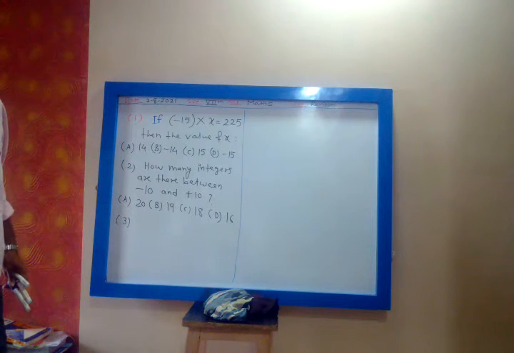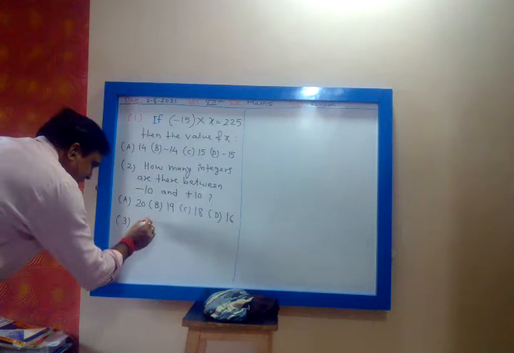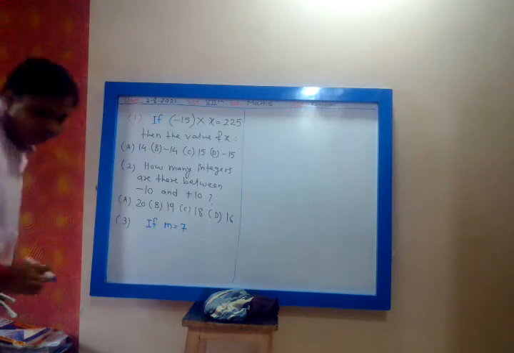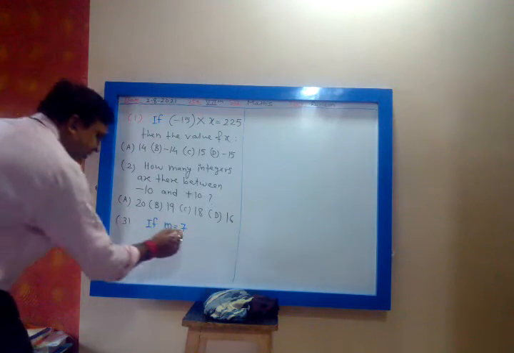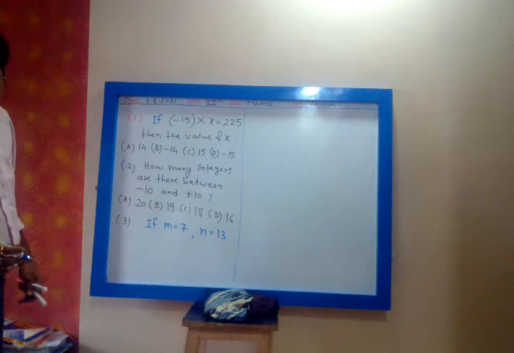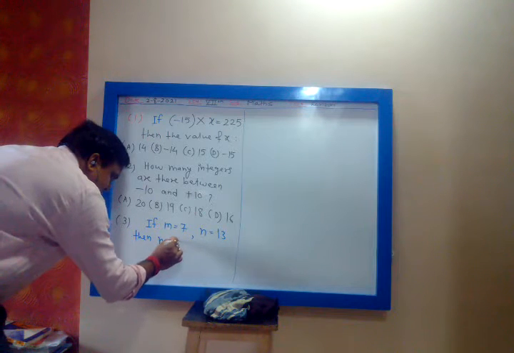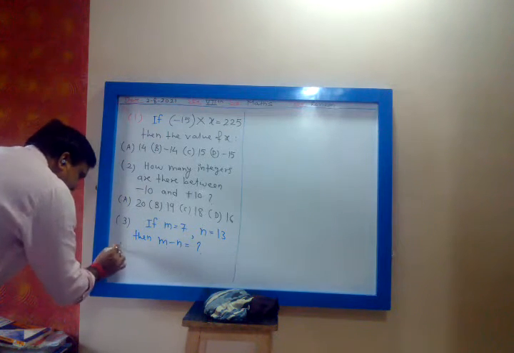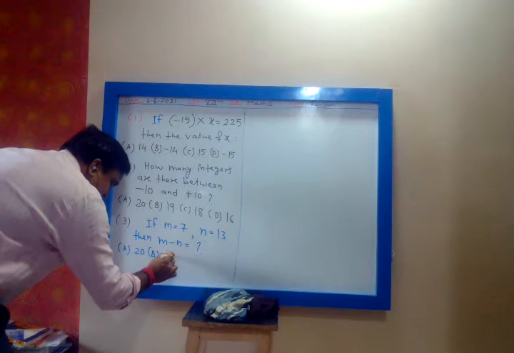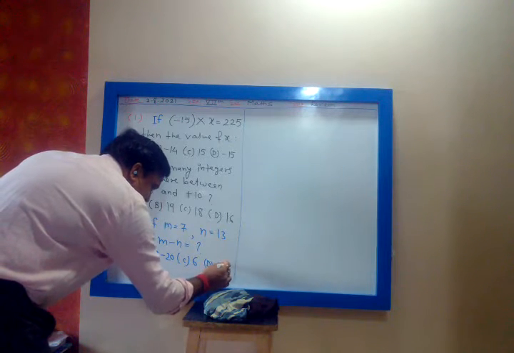Then, if m is 7 and n is 13, then the value of m minus n is: A, 20; B, minus 20; C, 6; D, minus 6.